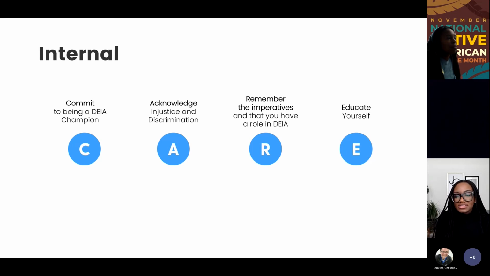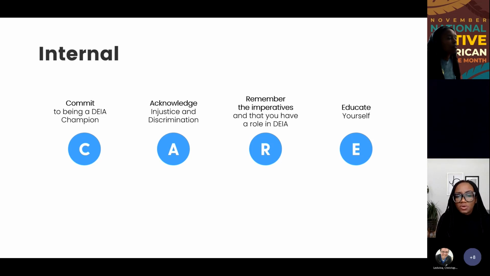A is for acknowledge. Acknowledge that injustice and discrimination, that it's real, that it's happening in our communities and in our workspaces. Believe the stories of individuals who are from traditionally marginalized groups that are sharing their experiences with you. R, remember. So remember the imperatives that I just shared.